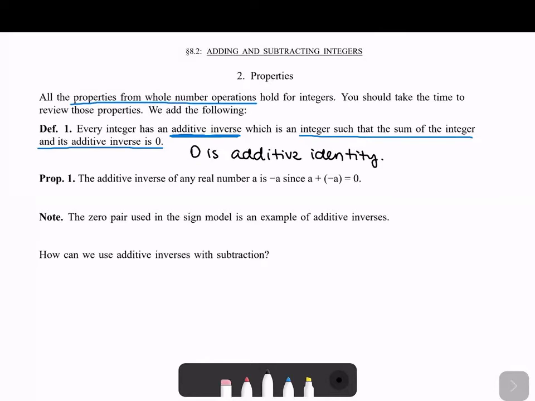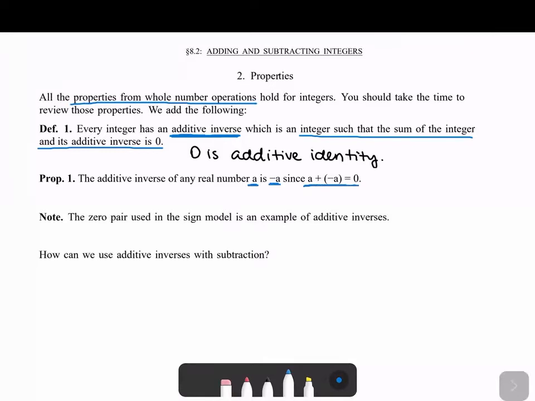So if we have any number, we want to know, can we change that number through an operation and get to 0? And the answer is yes. You can do that using these additive inverses. So if we have a real number a, the additive inverse is minus a, right? It's the number with the opposite sign, because whenever you have a things and you add negative a, you get 0, because everything in a has an opposite sign from everything in minus a.